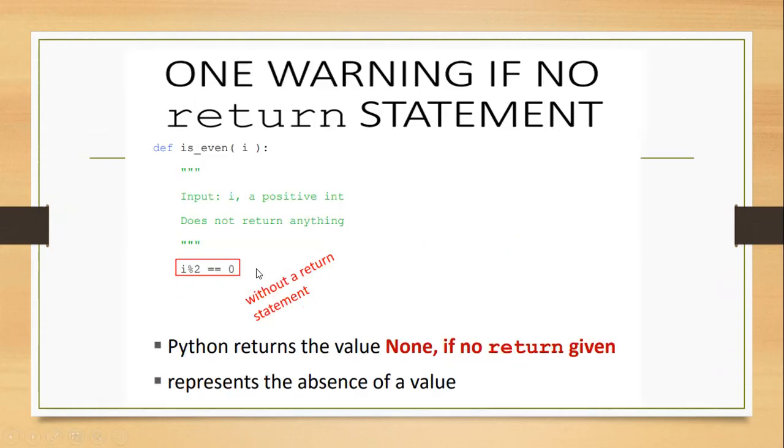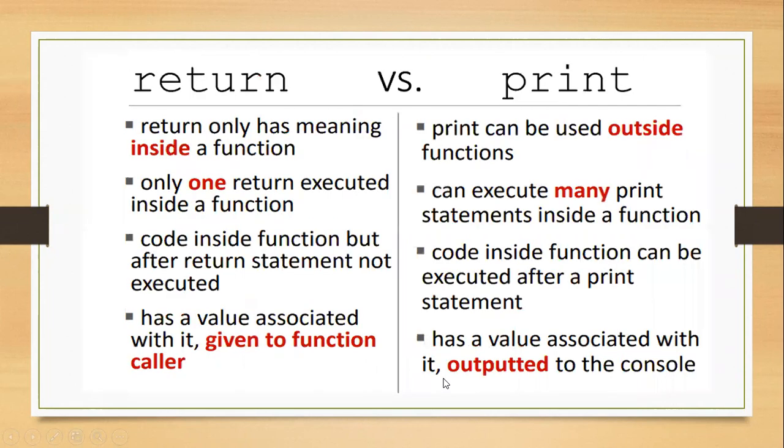So if I run this program, it will just tell me None, because I did not tell it to return anything. None is not an error. None only shows the absence of a value to be returned. There is a difference between return and print.